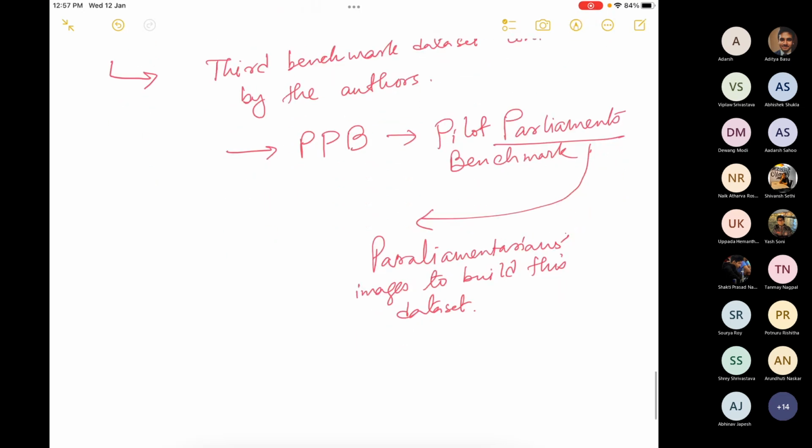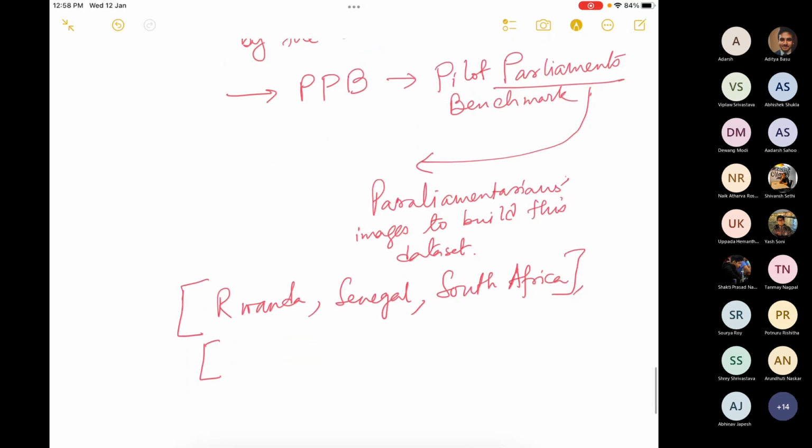Now, they had to choose some countries from where they would pick up parliamentarians. So, for their study, they chose the following countries: Rwanda, Senegal, South Africa, and Iceland, Finland, and Sweden.